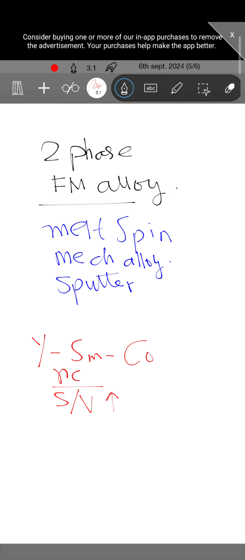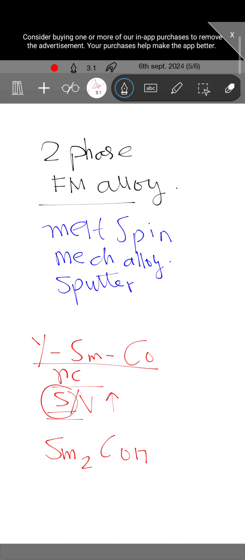That means the surface is more compared to its bulk counterpart. Due to the large surface area, they have some unique magnetic properties. The usual magnet, samarium and cobalt, is a hard magnet.